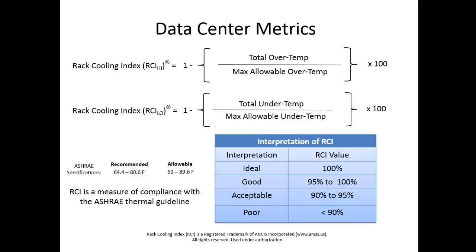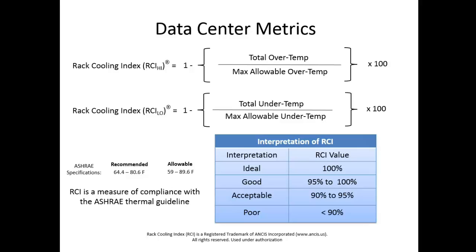What you want to do is make sure you don't have any rack inlets that are over temperature, over that specification. So as a percentage, how are you doing? You want it to be near 100. 100 would be great. If it's over 100, then you're in bad shape.